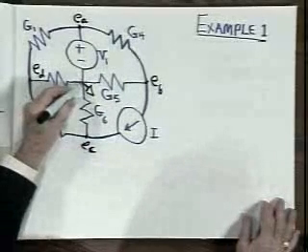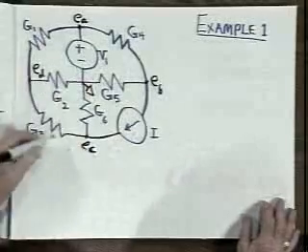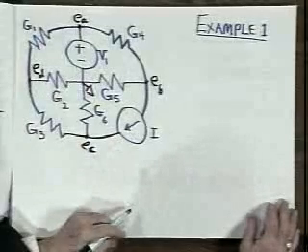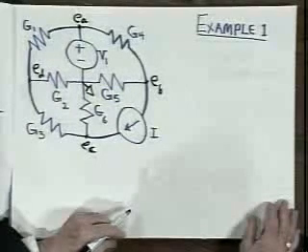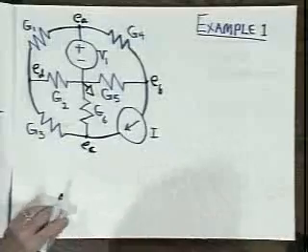I can write one at the reference node as well, but it turns out that these 4 suffice. In fact, as we shall see, fewer than 4 suffice. 3 will suffice.